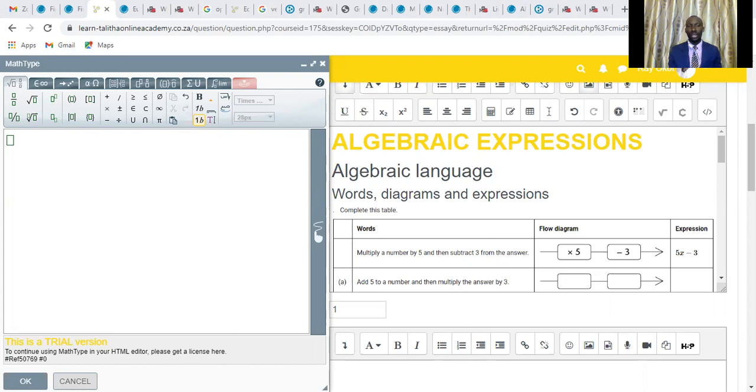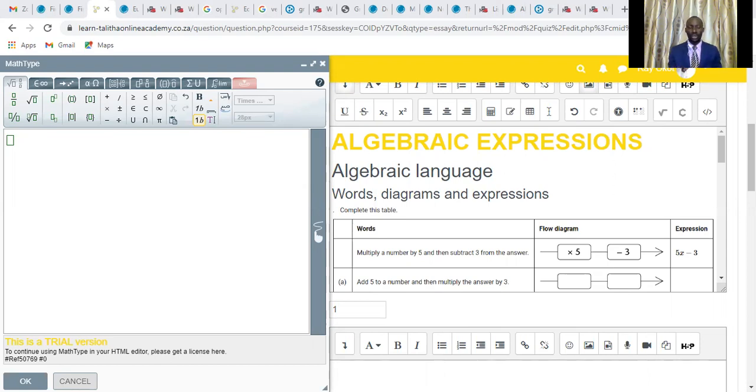Now, when we talk of algebraic expressions, we are simply referring to a description of a set of operations. Could be addition of something to another, could be multiplication of one quantity and the other, could be subtraction, or could be division. So this description of a set of operations that are to be done in a certain order is what we call algebraic expressions.